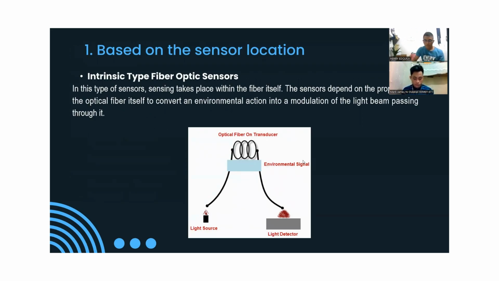Here, the physical properties of a light signal may be in the form of frequency, phase, polarization, or intensity. The most useful feature of the intrinsic fiber optic sensor is that it provides distributed sensing over long-range distances.